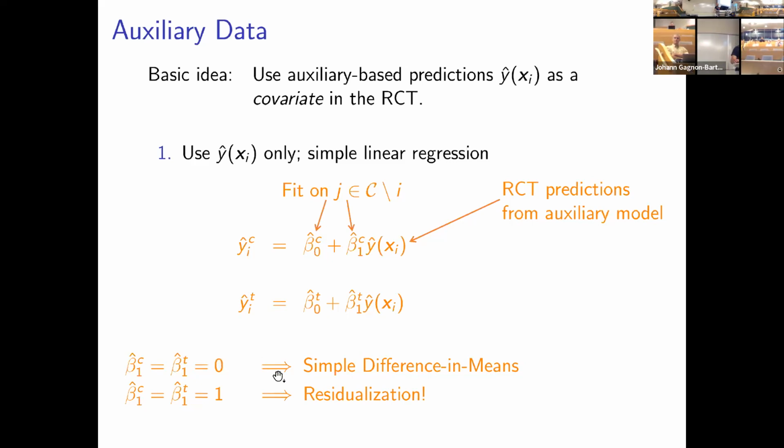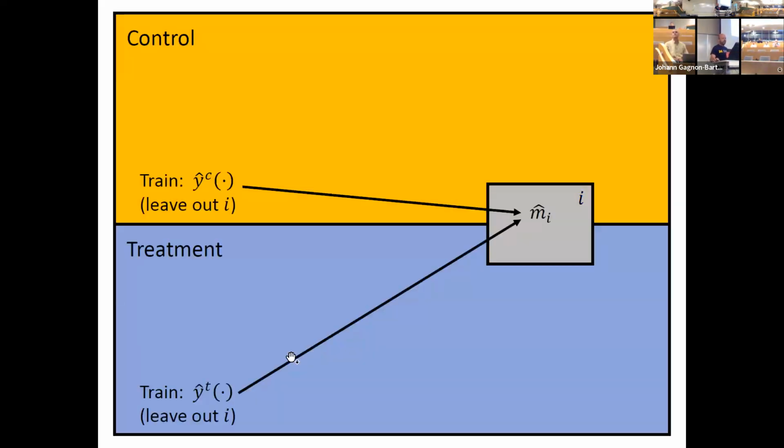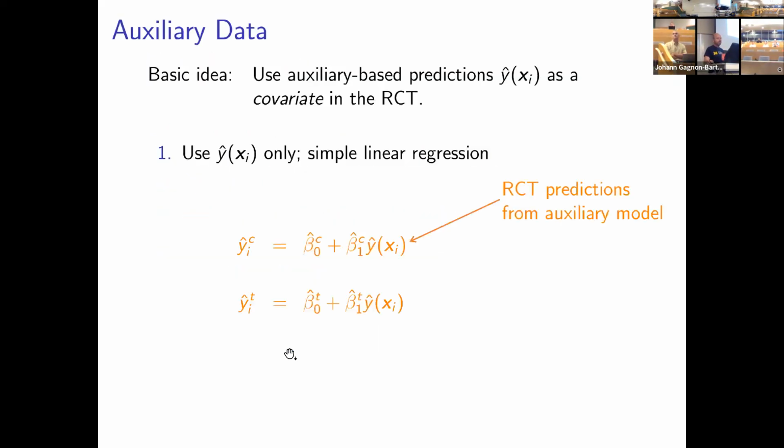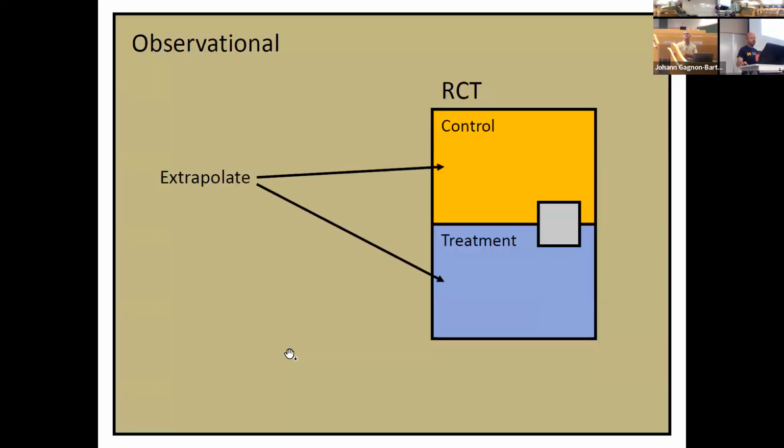So what you could do is, for each person, you could produce a predicted treatment outcome and a predicted control outcome. And then when you do this recalibration step, you could choose to do that only based off of the predicted control outcomes.